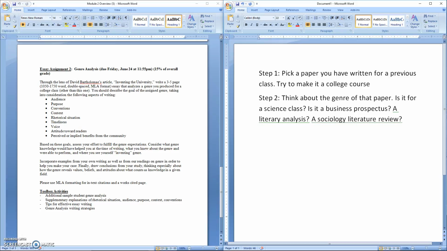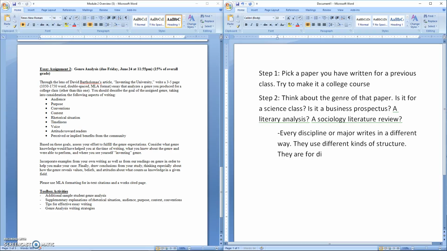Because one thing you have to keep in mind is every discipline or major writes in a different way. They use different kinds of structure.